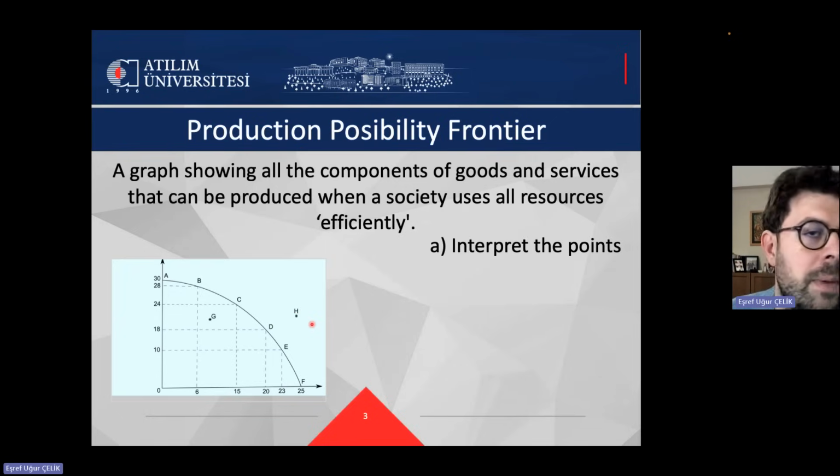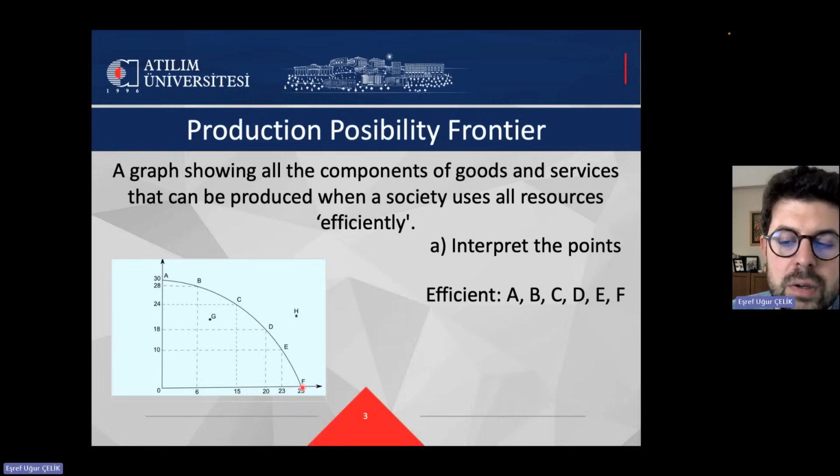So maybe I'm going to ask you to please interpret the points on that graph, and maybe I'm going to ask about all the points. So what can I say? If you are on the PPF, A, B, C, D, E, and F, that is called efficient.